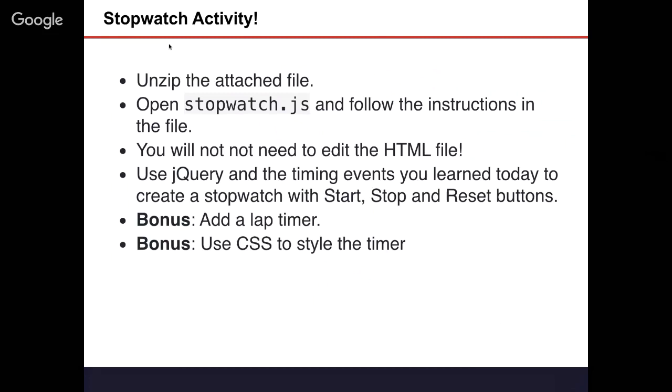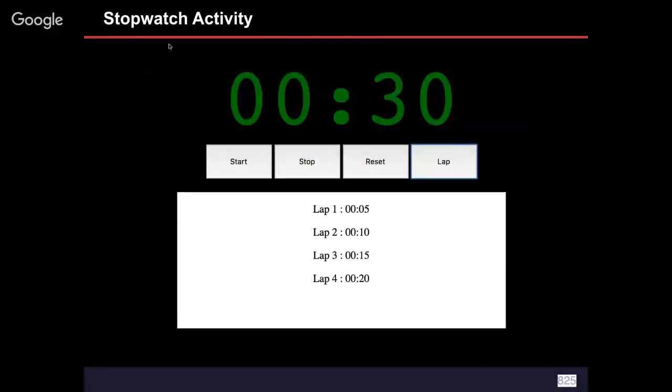Let's use jQuery and the timing events that we learned today to create a stopwatch with start, stop, and reset buttons. If you want to be fancy, you can add a lap timer, so it records whenever, and you can use some CSS to style the timer. Your end result will look something like this. You have the timer going, and you can set start, stop, reset, and laps if you want to, but like I said, that's extra.